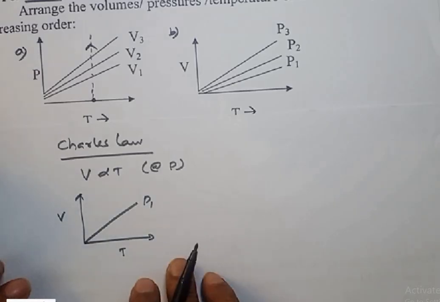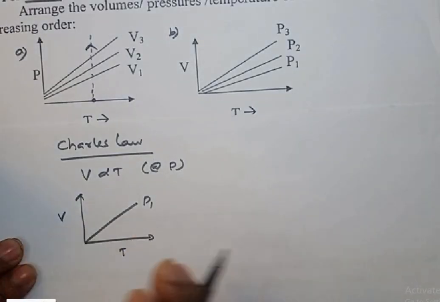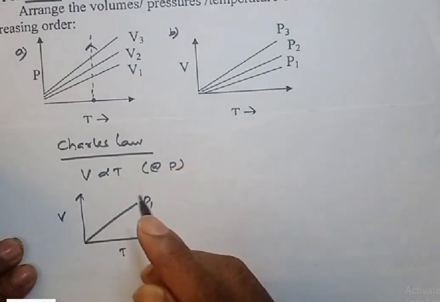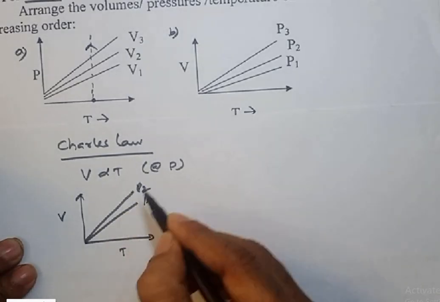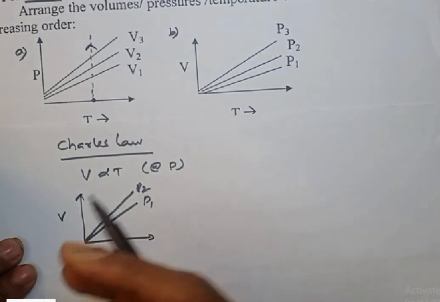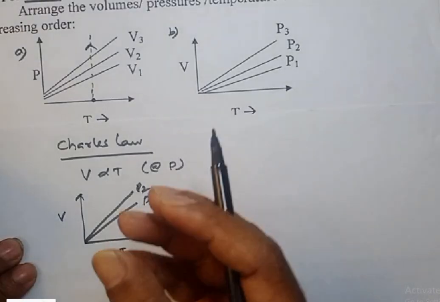Now, if you keep some other constant pressure and plot V versus T for the same amount of ideal gas, we get another straight line. This is at some constant pressure P2. Like that we can plot volume versus temperature at different constant pressures. Listen carefully: among P1 and P2, which is the higher pressure?